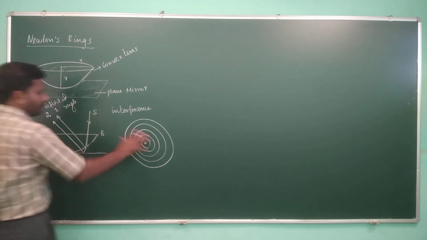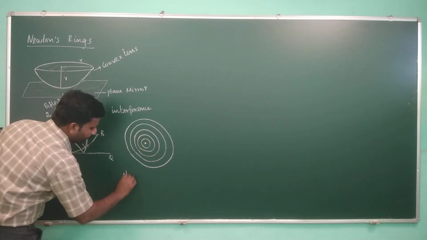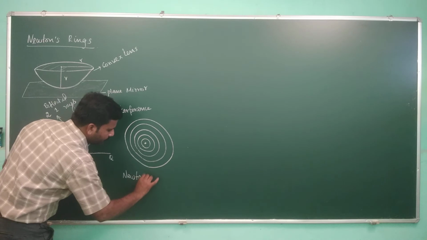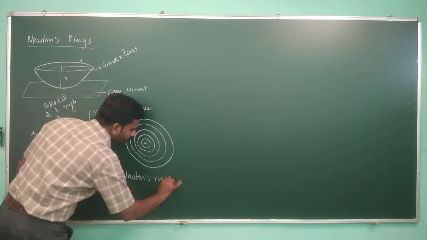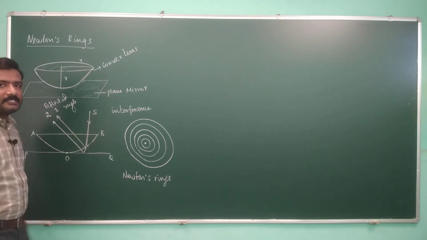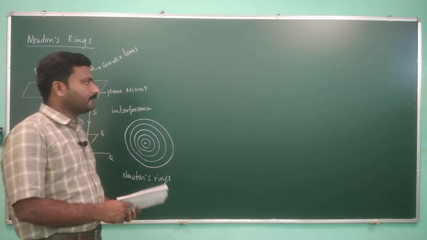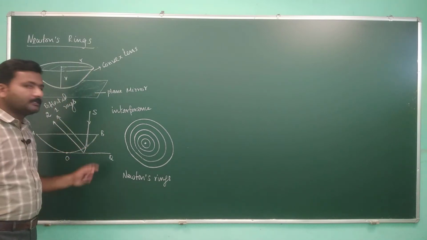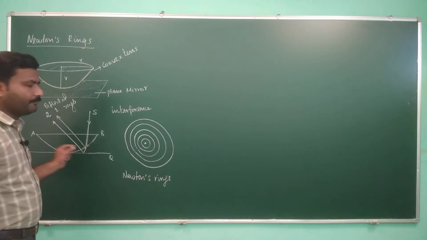So these fringes are called Newton's rings. Earlier, in the previous lecture, we saw a case where we have a variable thickness air film.